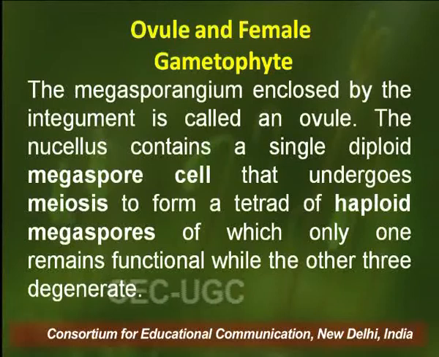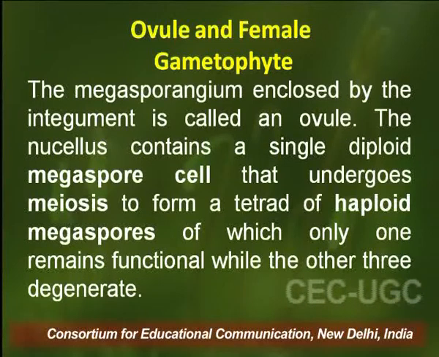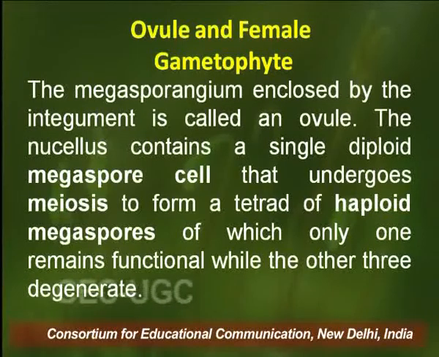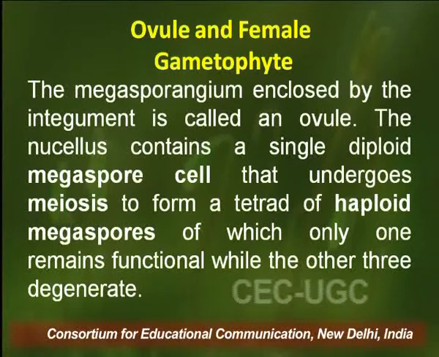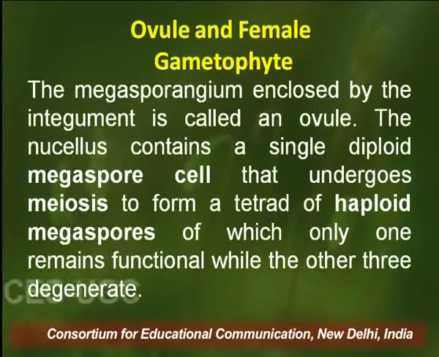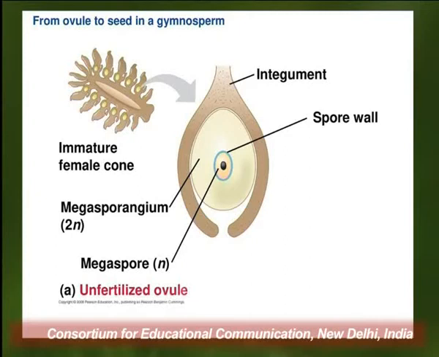The nucellus contains a single diploid megaspore cell. This single diploid megaspore cell undergoes meiosis and forms a tetrad of haploid megaspores, of which only one remains functional while the other three degenerate. This can be understood with the help of this diagram, where you can see that a parenchymatous mass of cells, also called the nucellus or megasporangium, is covered by a single layer of integument.